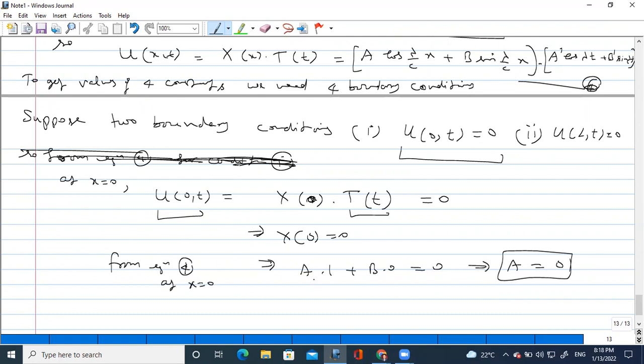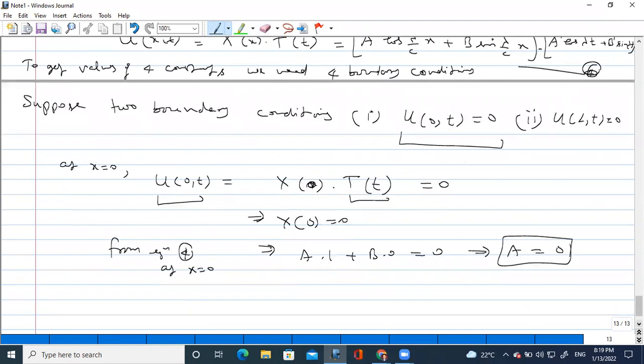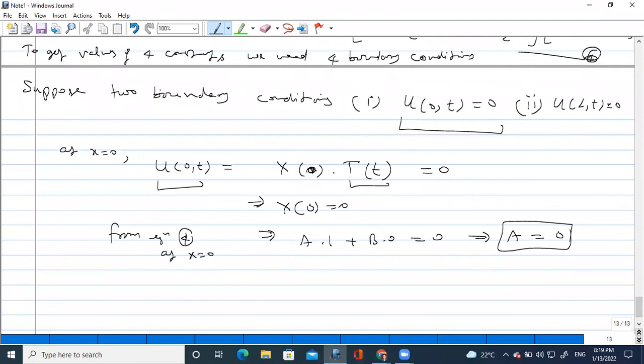Then you will get A into 1, means A into cos 0, that is 1, plus B into 0 equal to 0. So A is 0. Okay. So A can be removed now. Now similarly, here you can write for boundary condition 1. Okay. Now we are taking boundary condition 2.